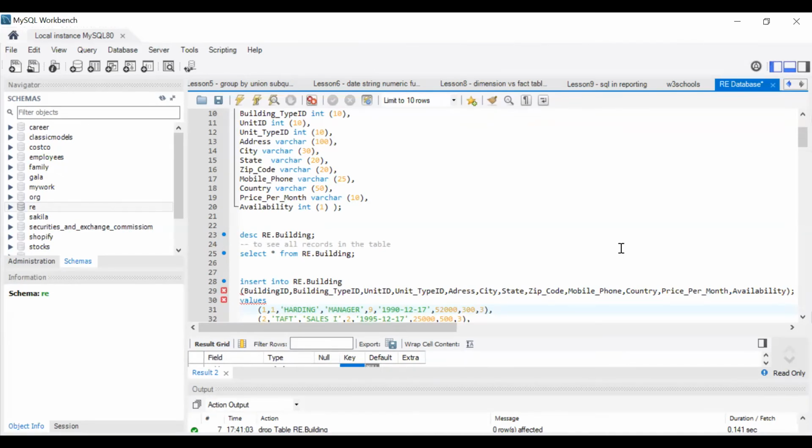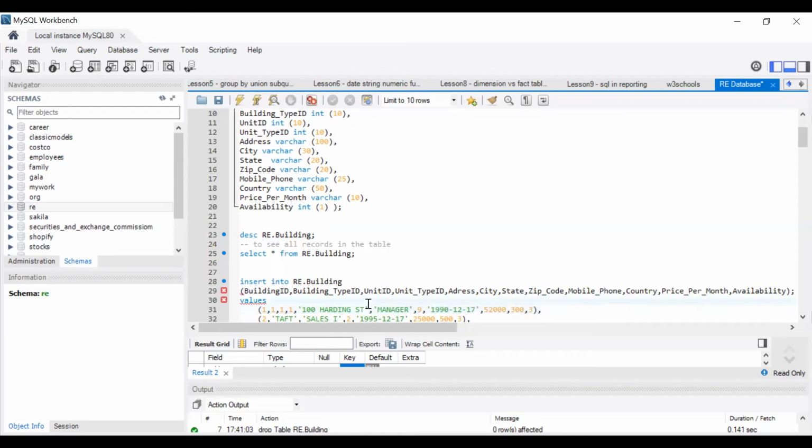Unit ID, unit type ID. So obviously it's our first table, everything will be 1. Address, and let's say 100 Harding Street. I don't know, I'm making it up. It doesn't matter at this point.